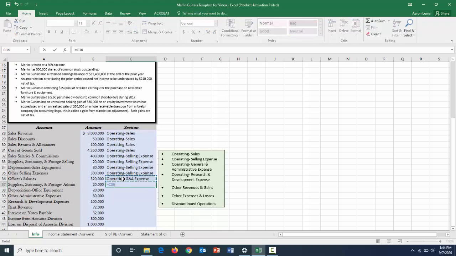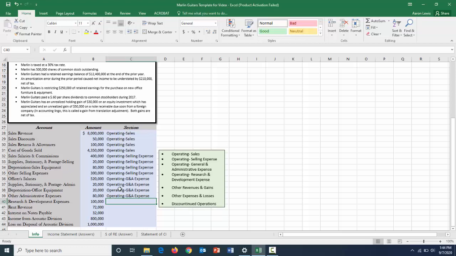Well, that's a G&A expense, general administrative. If our administration is using it, it has to be an administrative expense. We have depreciation of office equipment. This is used by our administrators, so that's going to be operating G&A as well. And then we have other administrative expenses. Again, that has to go into general and administrative expense.